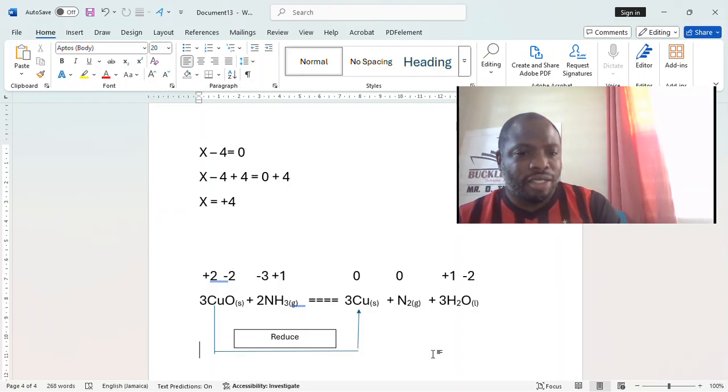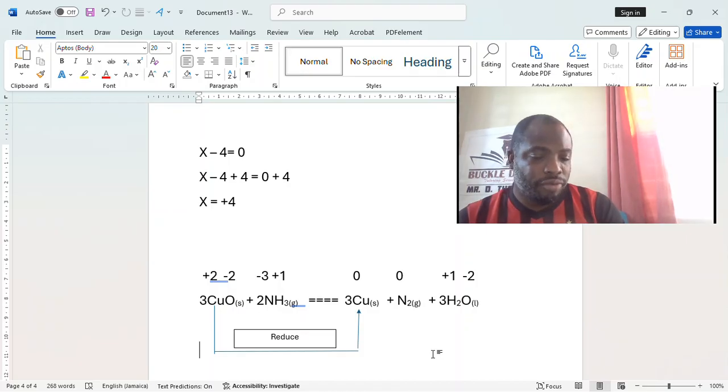As a matter of fact, they could have even started by giving you the worded equation or just giving you the reactants because you should know. So they could have just said copper oxide reacting with ammonia, and they can capitalize on that by asking you to write a balanced chemical equation with state symbols.